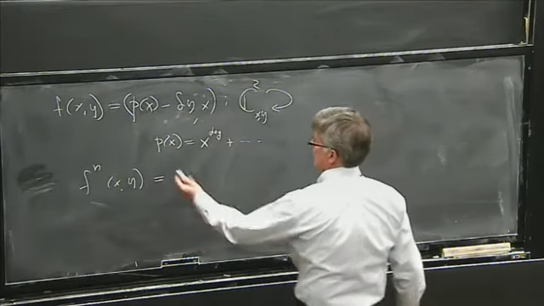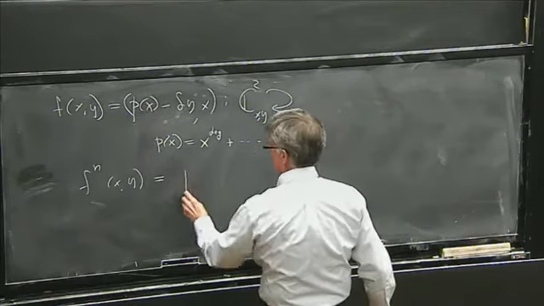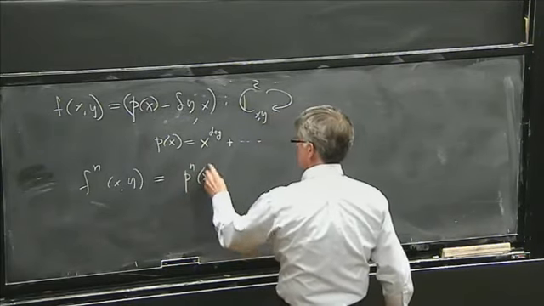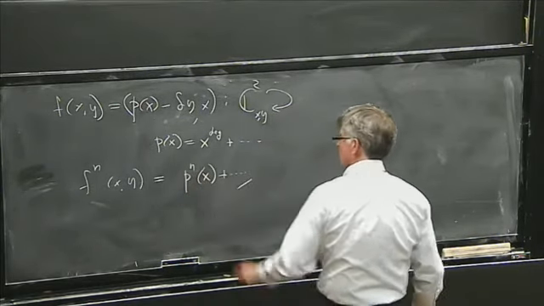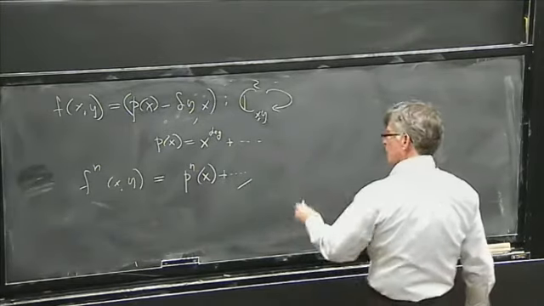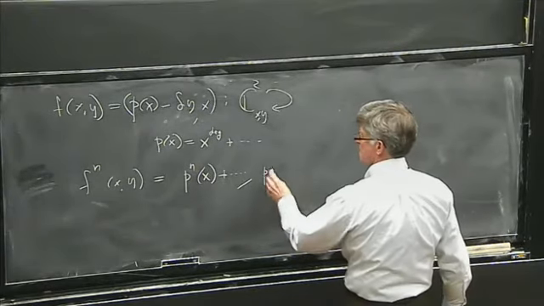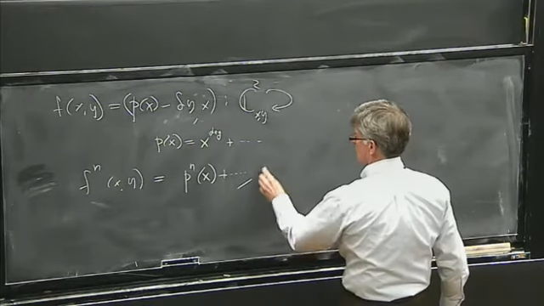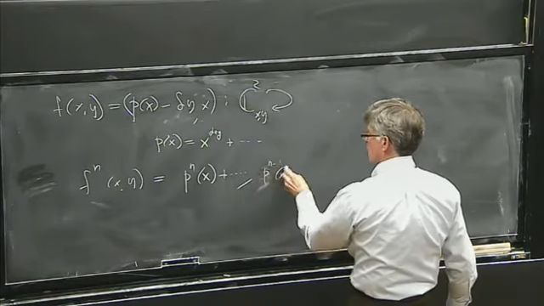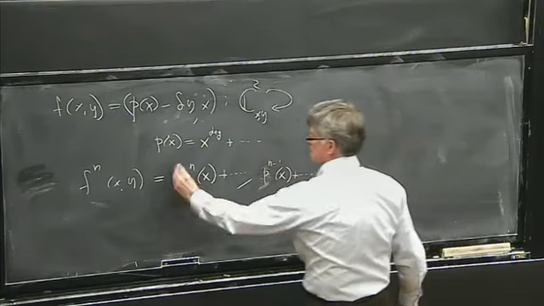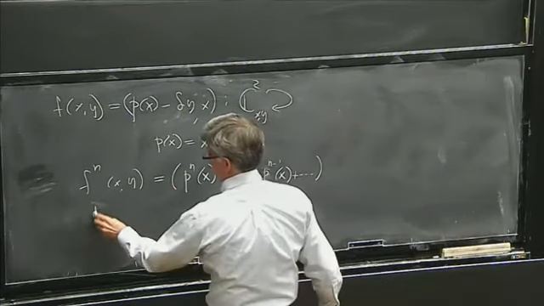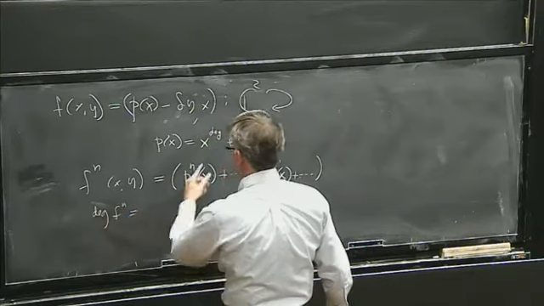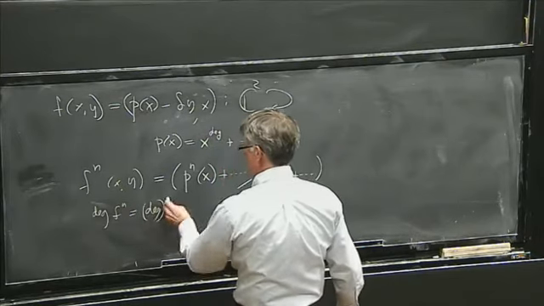So we're going to have the iteration of p plus a bunch of lower order things, and then the second coordinate will be the previous one. So this second coordinate will become p to the n minus 1 of x. In particular, the degree of f to the n would be this degree to the nth.